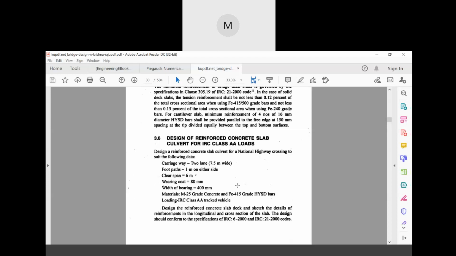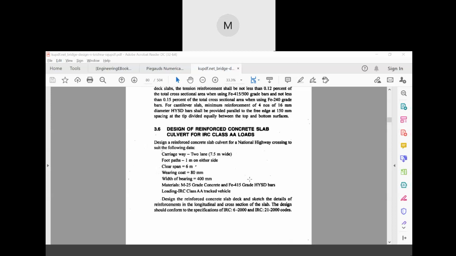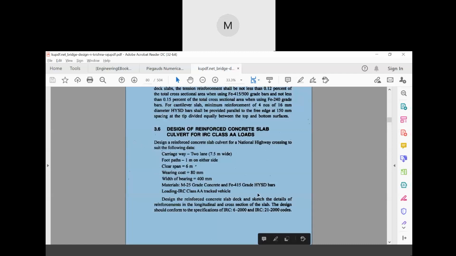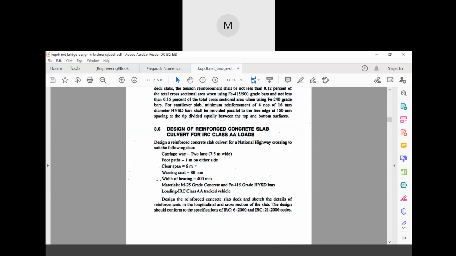Now, the loading is IRC class AA tracked vehicle. Basically, while solving these numericals, this is the first important factor that we need to consider. And this is materials. Materials is M25 grade and Fe415 HYSD bars.